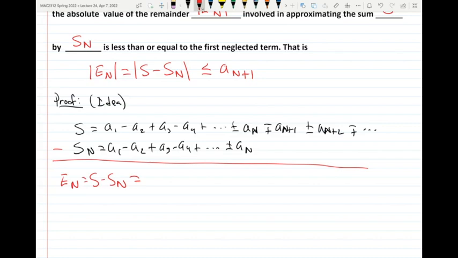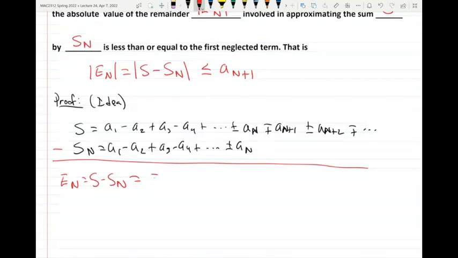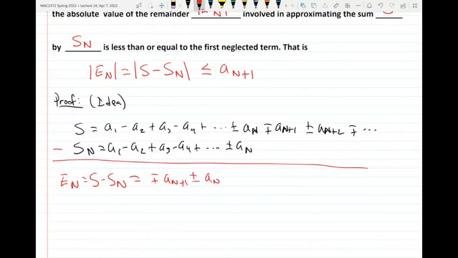If I subtract the top line minus the bottom line, all of this piece cancels out, right? So we are left with the tails, the terms that we are not looking at, that's the error, the stuff that we are ignoring. So what is it that we are ignoring? We are ignoring minus plus A_{N+1}, plus minus A_{N+2}, and so on. Let me try a couple more, A_{N+3}, etc. So this is the tail, this is what we are ignoring.